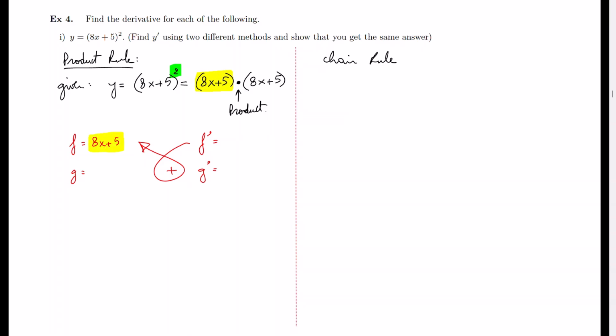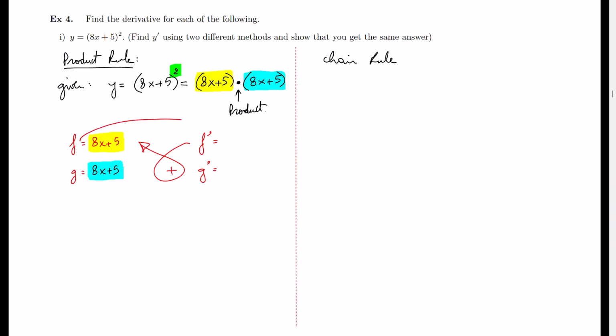Okay, what about the g function? The g function is the stuff I see after the product sign. So in this problem, I'm seeing 8x plus 5 after the multiplication sign. So again, it happens to be the same, but that's okay. I'm going to record that the 8x plus 5 is the second part of the product.